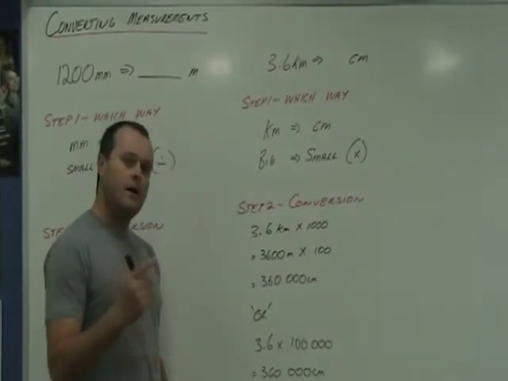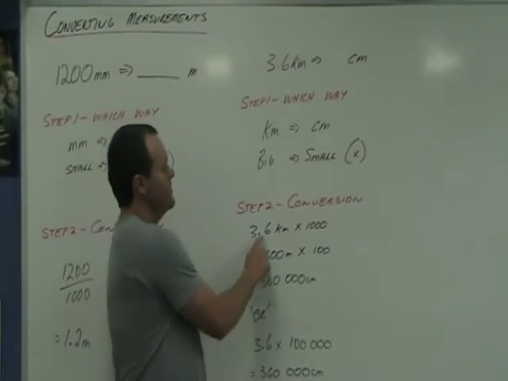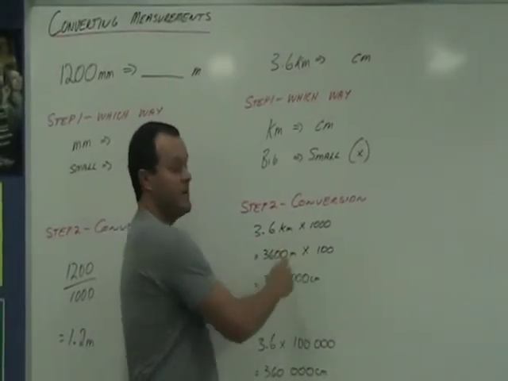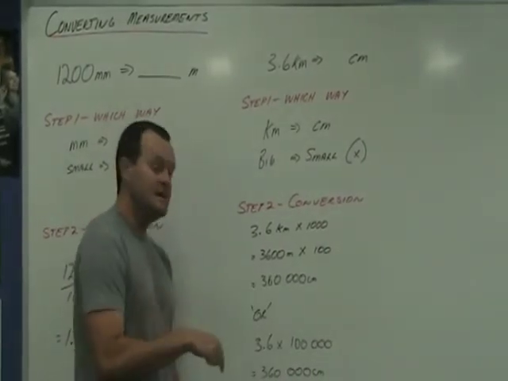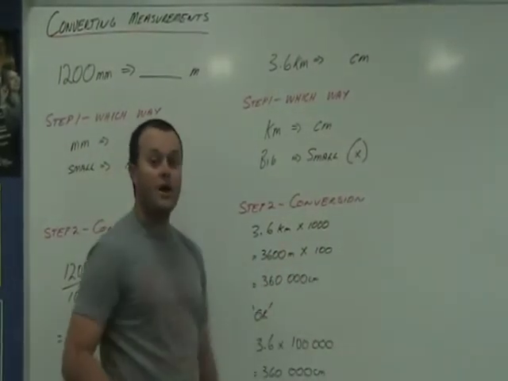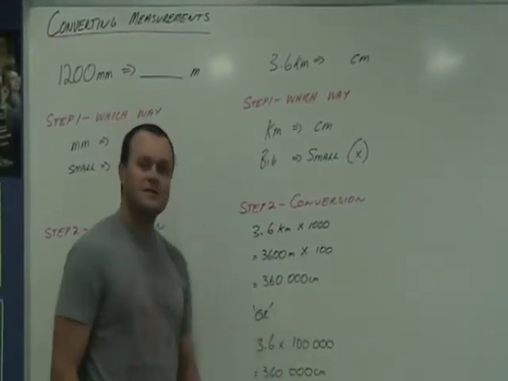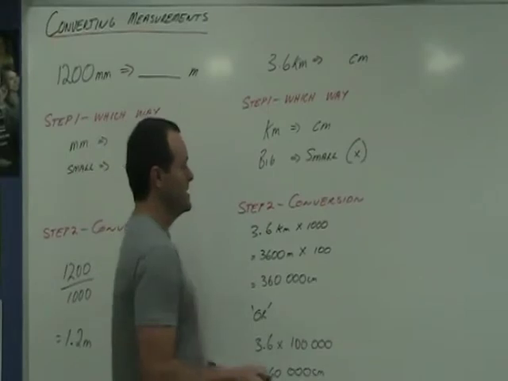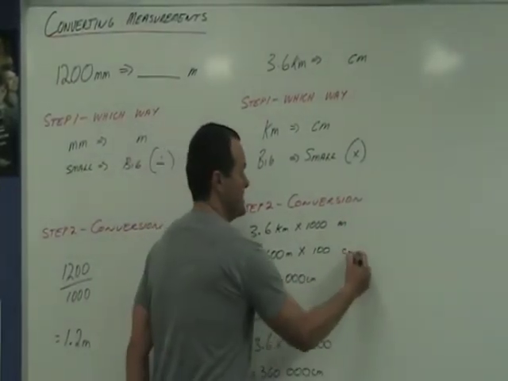The conversion. I'm going to show you two really easy ways. This is a nice simple one. 3.6 kilometres, if I times by 1,000, makes 3,600 metres, times by 100, because there are 100 centimetres in a metre, gives me 360,000 centimetres. What I've done here is change it into metres first, then into centimetres.